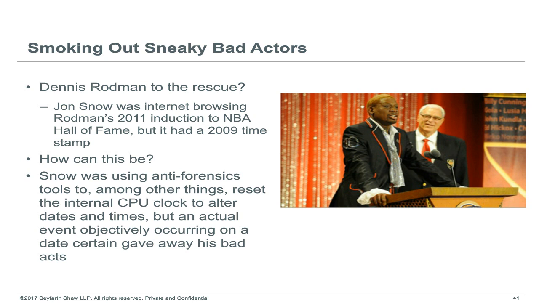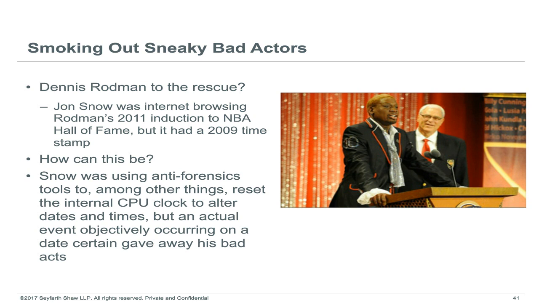They were reformatting it, wiping away evidence, and while they were doing that, they were browsing Dennis Rodman's 2011 induction into the NBA Hall of Fame, but it had a 2009 timestamp. For the basketball fans on the call today, you know that he wasn't inducted in 2009. He was inducted in 2011, so that could not have been possible. That was one indicator, in addition to the other stuff as far as the clock being changed and things like that.